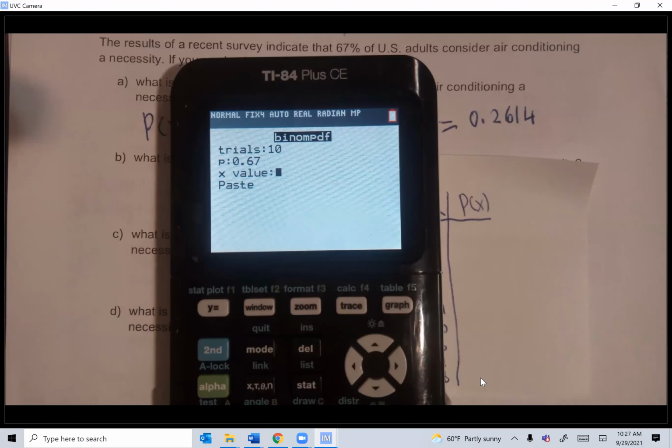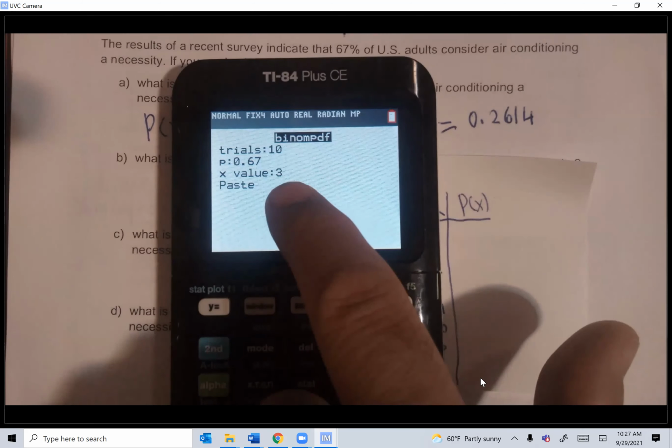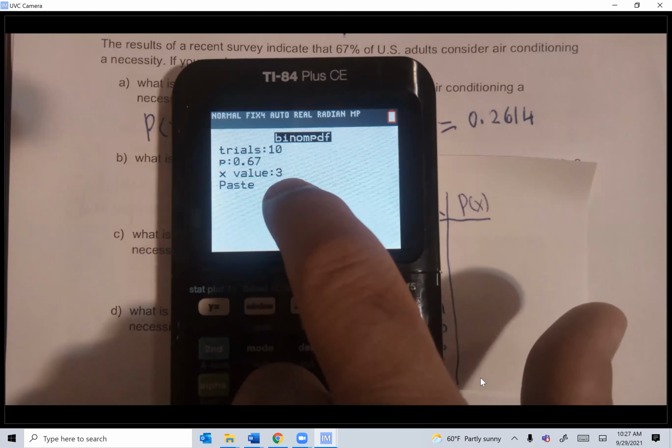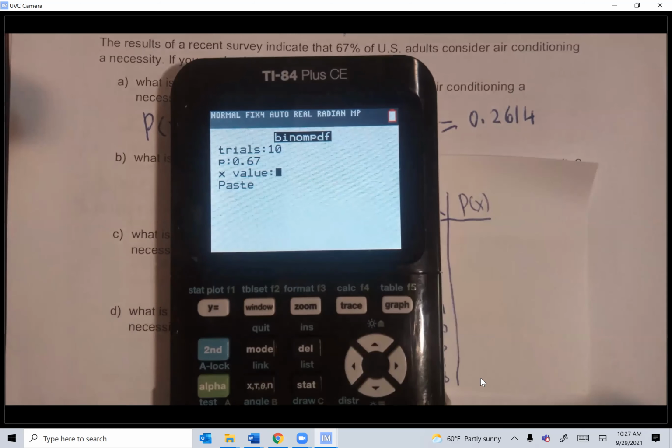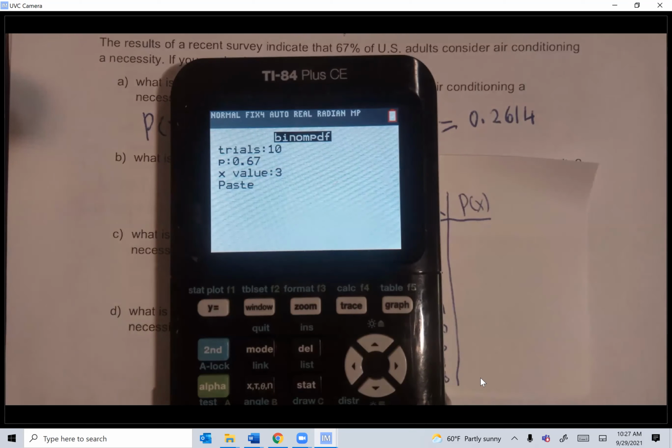Come on, guys. I want all the probabilities from x equals 0, to x equals 1, to x equals 2, and so on. So what should I put here? Where did we put the numbers? We stored them in a list called L1. So we're just going to enter L1 here and watch.